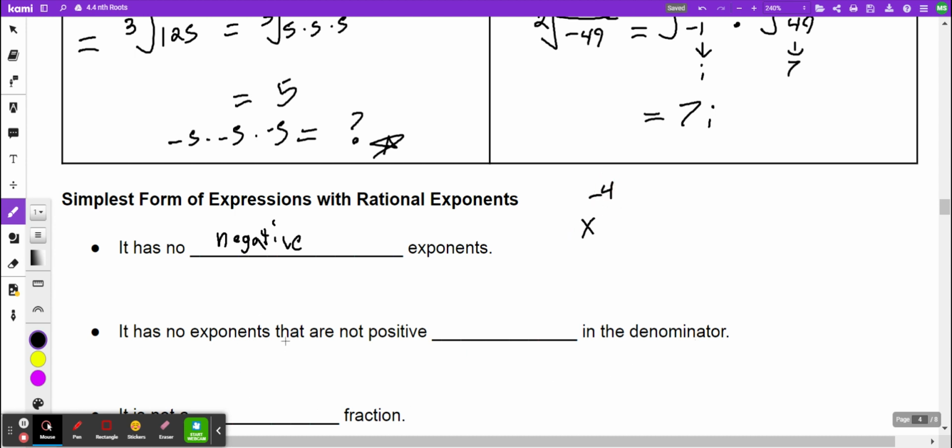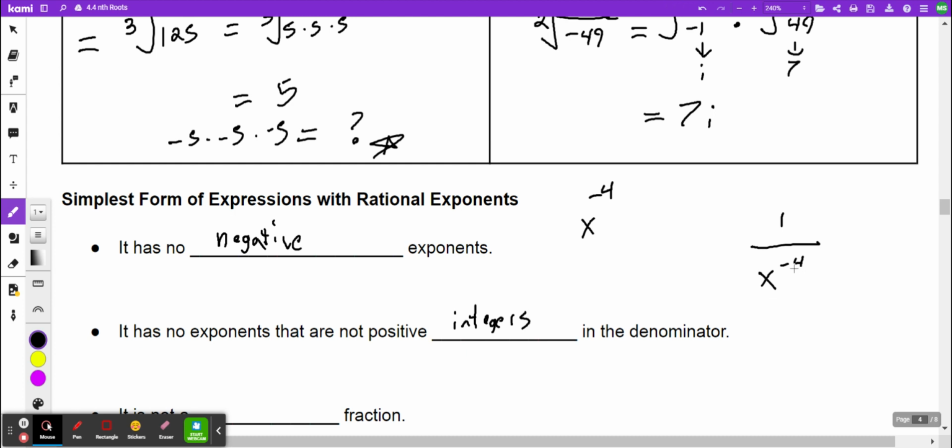And it has no exponents that are not positive integers in the denominator. So if we have something like x to the negative fourth right here, that's not good. They are not positive integers. So that should be a positive integer, but it's not.